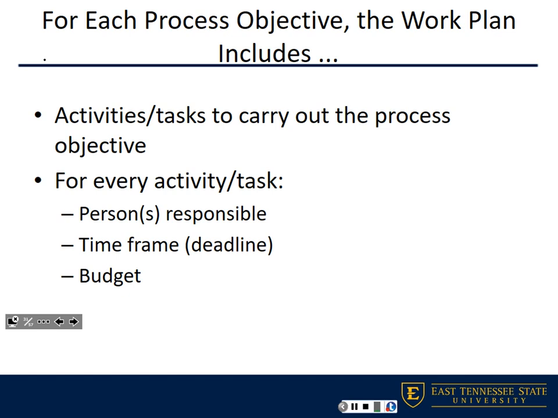Okay? And why do we need to have a timeline for achieving the activity? To be able to track exactly our progress, right? And to be able to hold ourselves accountable. Are we doing what we are planning to do within those time frames?